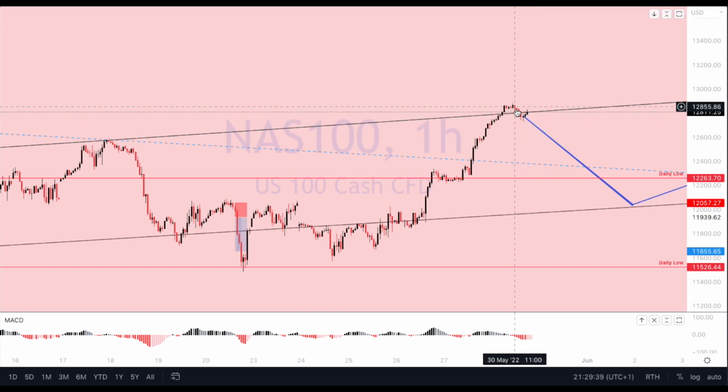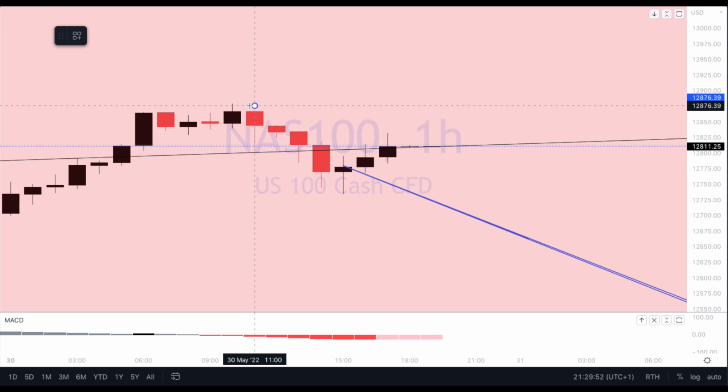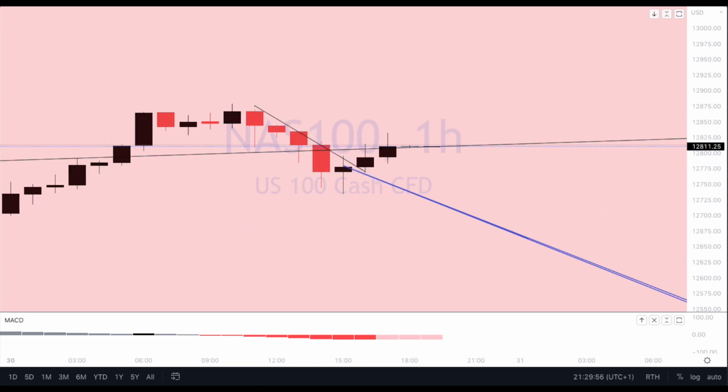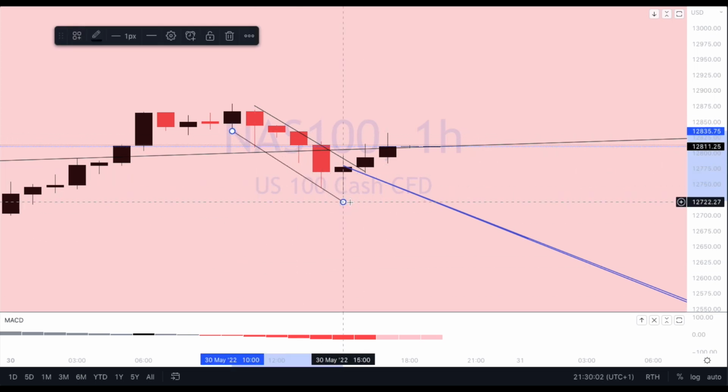For all we know, this is a consolidation. So let me just zoom in over here. For all we know, this could be a consolidation before a push to the upside. All right, so this could be a consolidation to push to the upside right here. And we're going to go in on the lower time frame just to see how this actually looks.